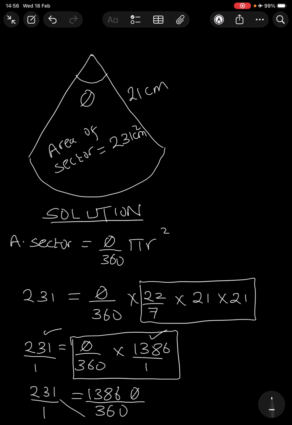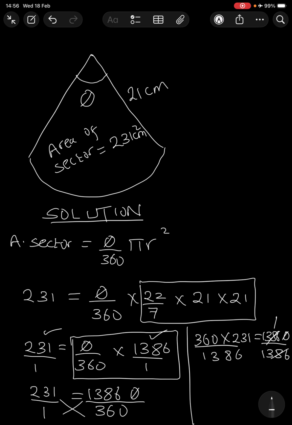Next, cross multiply. So we are going to have 360 times 231 is equal to 1386 theta. Then make theta the subject. So divide both sides by 1386. You simplify.